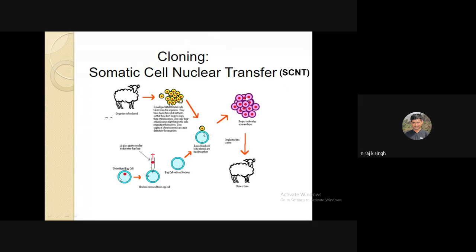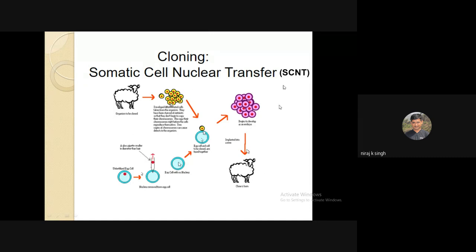After this stimulus, the cells start to multiply and develop into a blastocyst and blastula. Subsequently, this will develop into a fetus and produce the cloned animal. So this cloned animal has all the features of the animal from which the diploid nucleus was transferred.